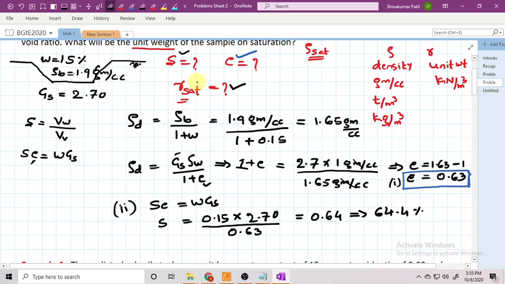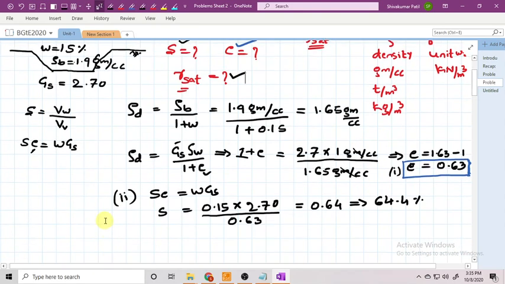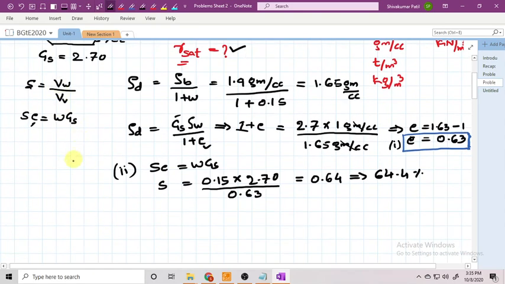There is one more parameter they are asking, that is the saturated unit weight. So how can I find out the saturated unit weight? This is the third parameter, asking gamma sat.